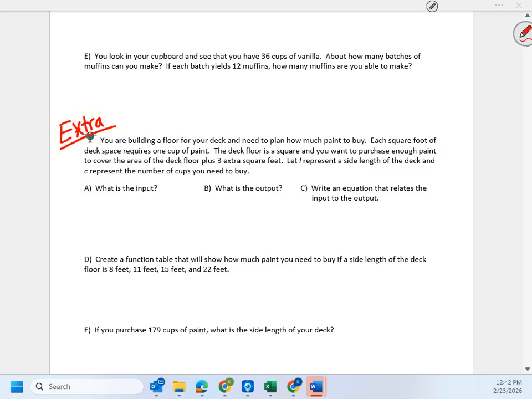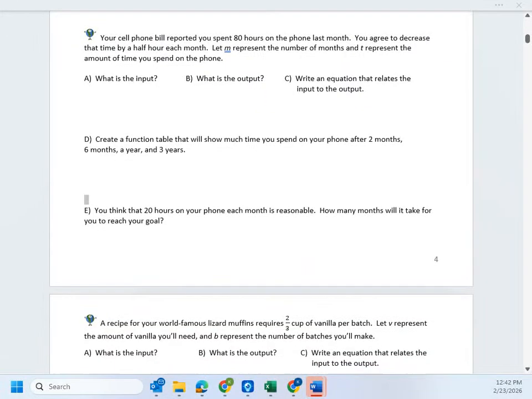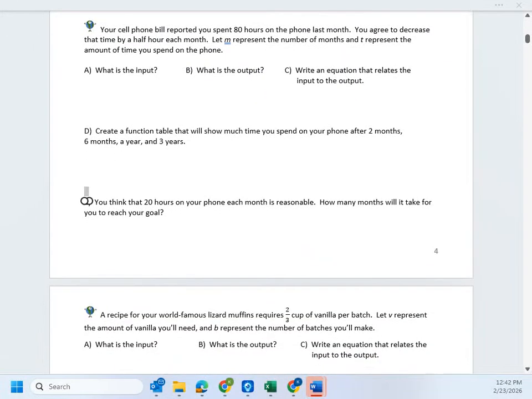Okay? So remember our steps. Let's look at this bottom one. Figure out your input. What's the easiest way to figure out the input? Joe? What are we putting in? What kind of numbers are we putting in? That's your input.